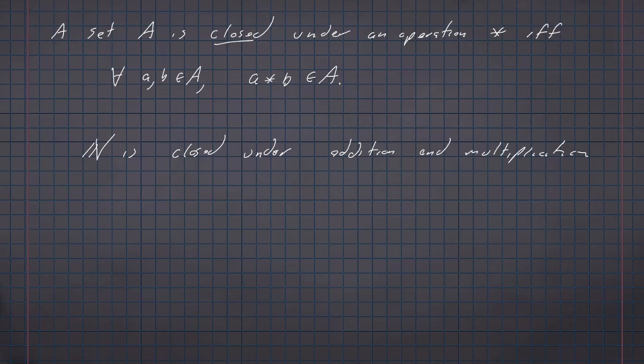I don't have the time to show that we have some closure properties in the sets we've talked about so far, the natural numbers, the integers, and the rationals. Honestly, showing that that's the case is not going to be important to us. What is interesting to us is seeing what happens when something is not the case, right? The natural numbers are closed under addition and multiplication, but not subtraction or division.